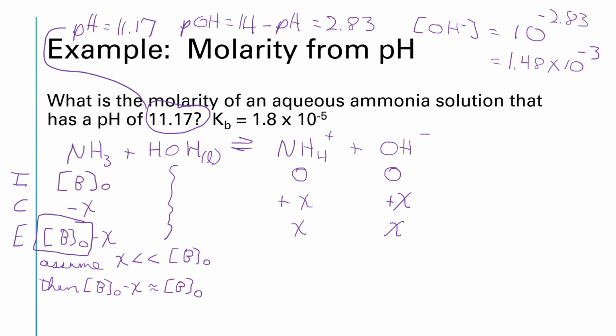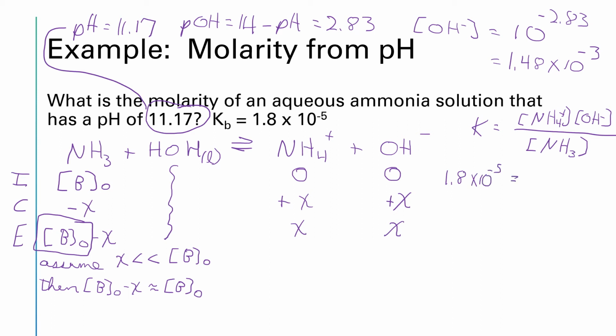And then let's take a look at our K expression. Our K expression says that this will be the concentration of ammonium ion times the concentration of hydroxide ion, all divided by the concentration of ammonia. And again, these values all have to come from the E line, the equilibrium line of our chart. K is 1.8 times 10 to the minus 5.